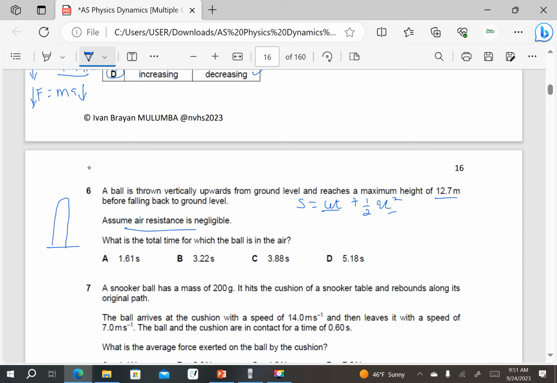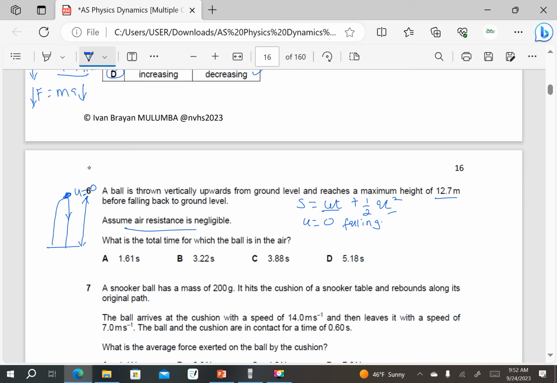I am going to consider the ball falling from the maximum height, from the highest point. So remember, it momentarily stops before it returns. So if it is falling downwards, its initial velocity is going to be zero. Okay. So I'm considering it falling, where u is equal to 0. I'm only finding the time from the top to the bottom when it is falling.